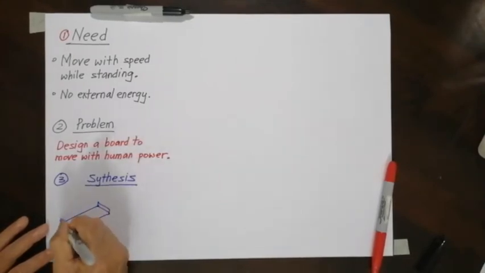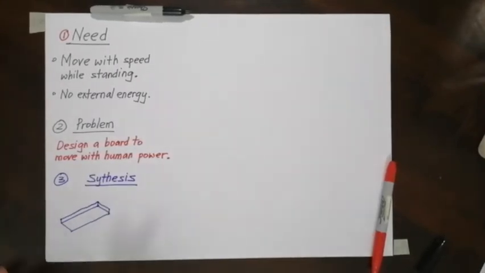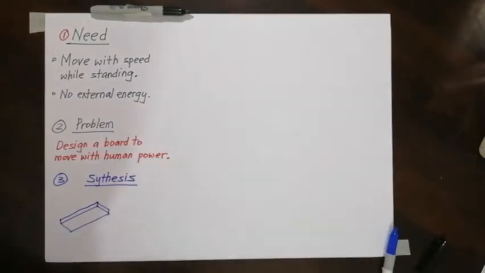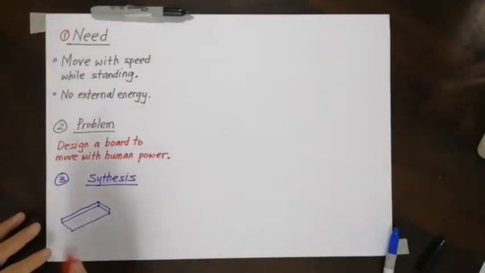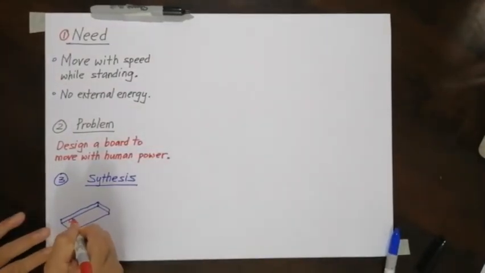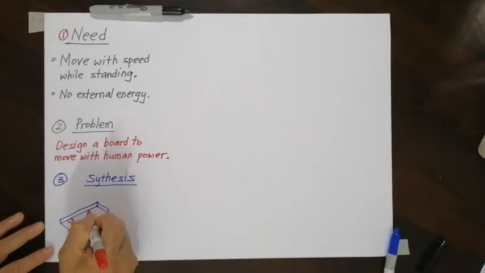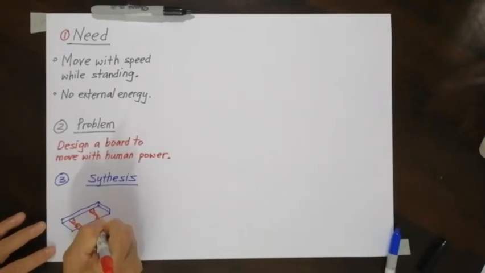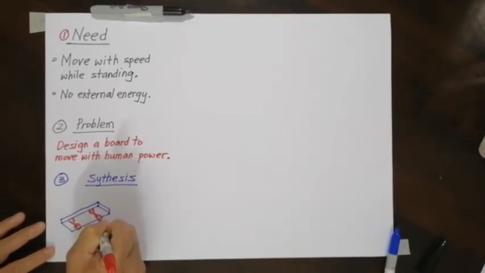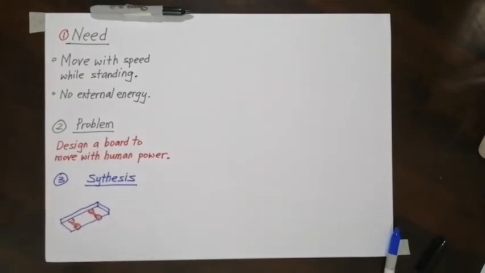I may dream of it, let's say you have a board like that. Then onto this board, I want to have the wheel. And another wheel. That's one of the concepts.